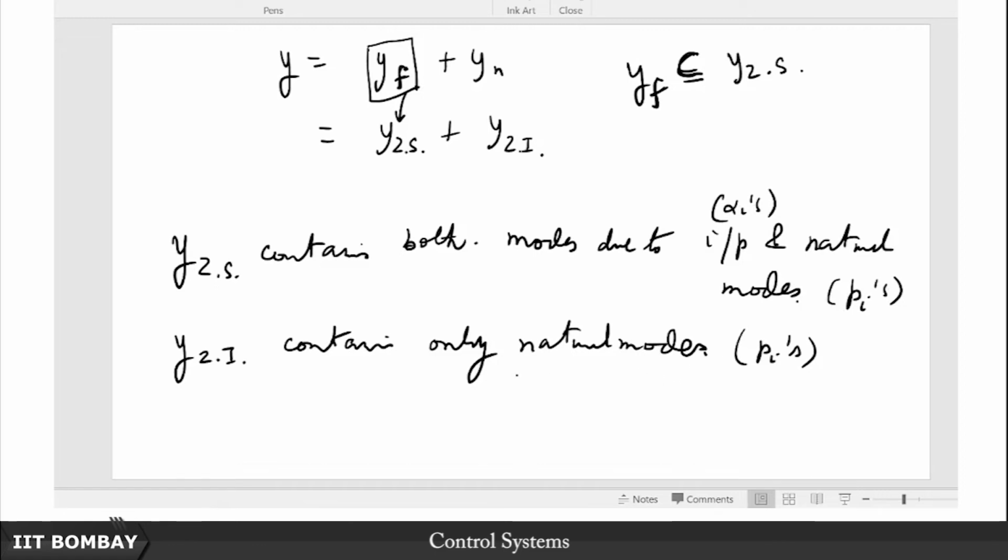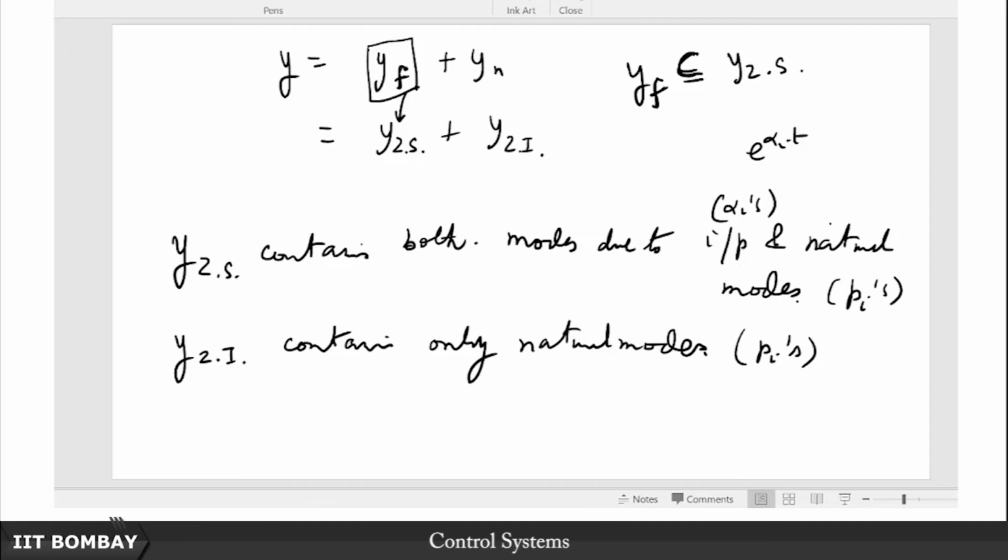So therefore, when you are given the YZS and the YZI separately, what you do in order to obtain YF and YN is club together all the alpha i related terms, e to the power alpha i t related terms from the YZS, that will be your YF.